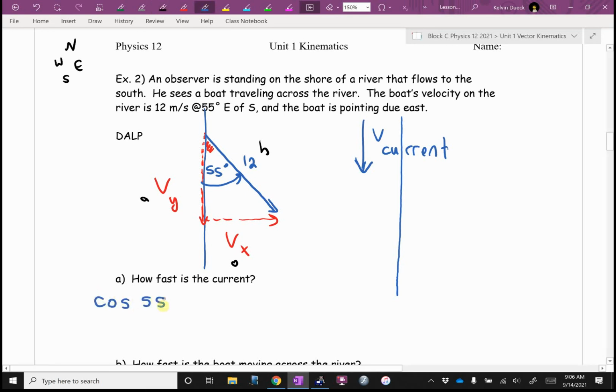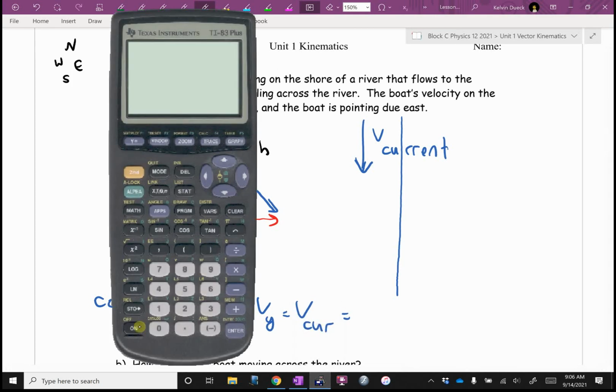Cos 55 equals Vy over 12. Vy, which is V current, is going to be 12 cos 55. 6.88.